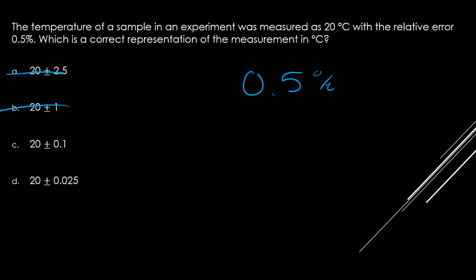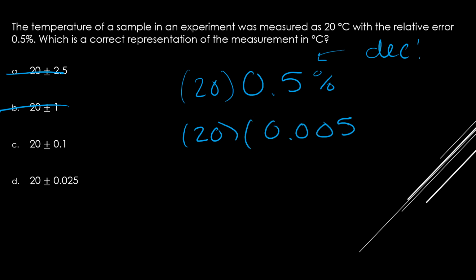Okay, and if I were to take 0.5, and remember this is a percent, and I were to multiply it by 20, don't forget this percent needs to change to a decimal. This is where dividing by 100 is going to help you, because this is 0.005. So don't forget those extra zeros. I can't tell you how many mistakes I see because people forget zeros or they don't convert correctly.